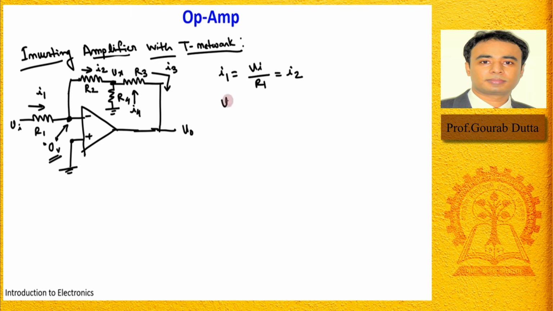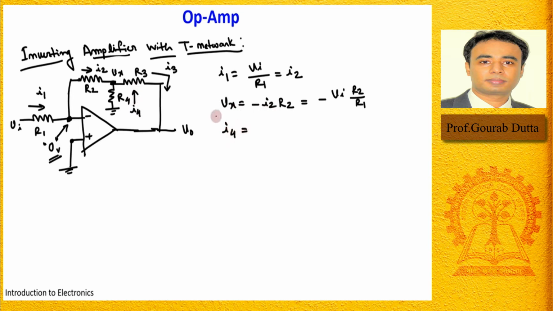Okay. Then tell me what will be the value of this Vx? Vx is nothing but minus I2 R2, isn't it? So what is this I2? I2 is Vi by R1, right? So it is minus Vi into R2 by R1, isn't it?